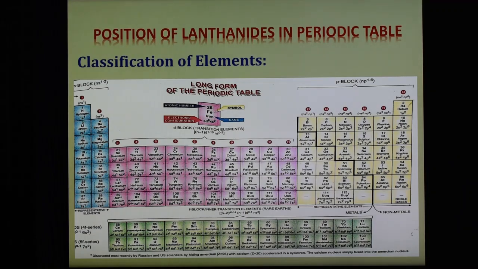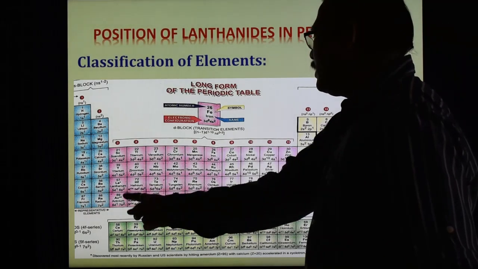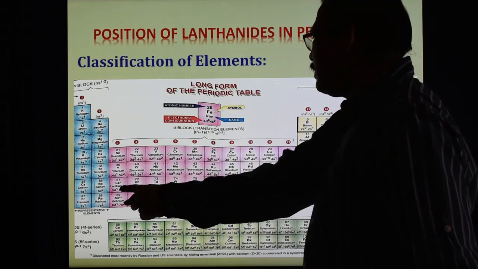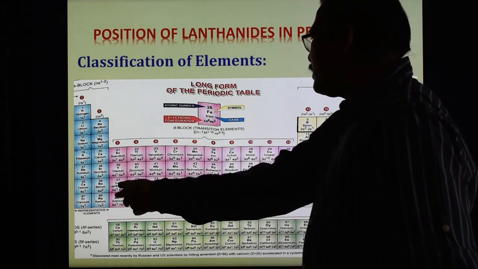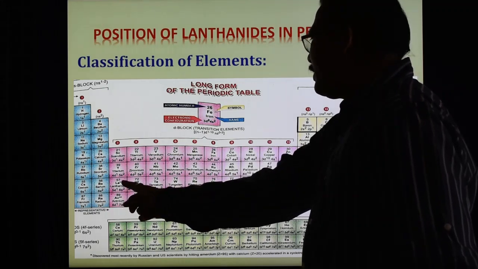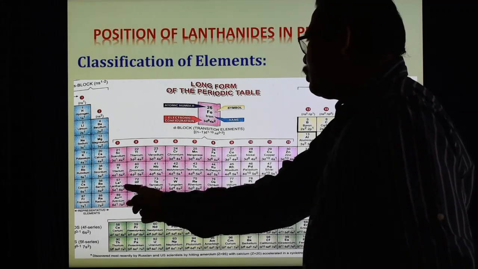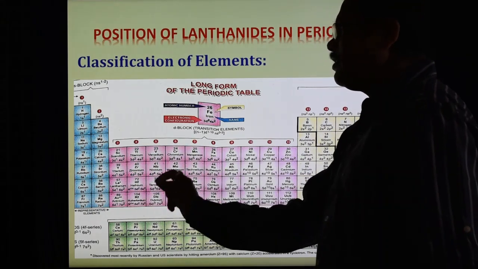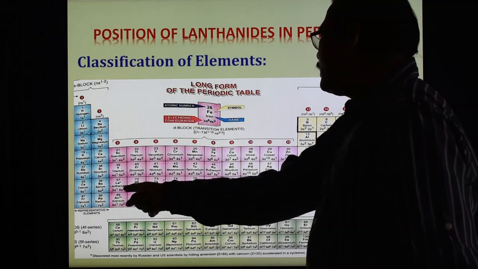So we have to see the chemistry of these lanthanide elements, and as we know their position, all the elements have similar physical and chemical properties, and therefore they are shown here after lanthanum. Therefore these elements are also known as inner transition elements. All these 14 elements are here, after lanthanum, which is 57, and then 58 to 71. All the elements have similar properties, therefore they are shown in the same position here.